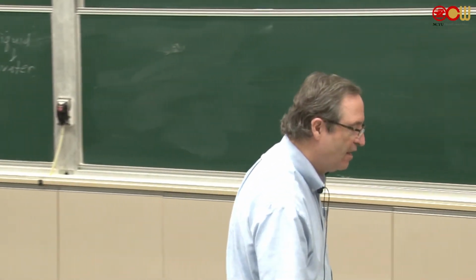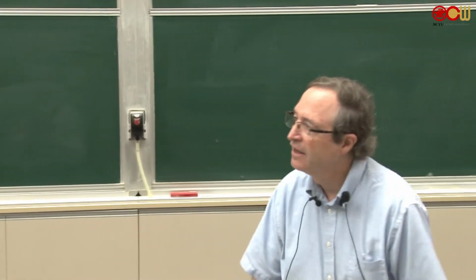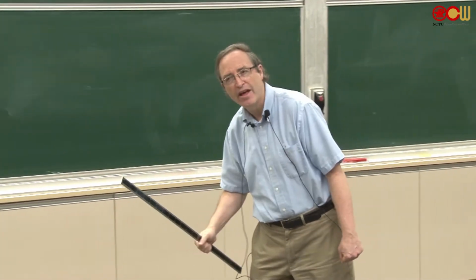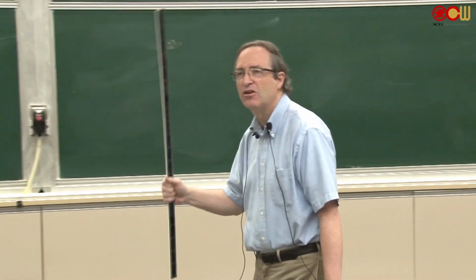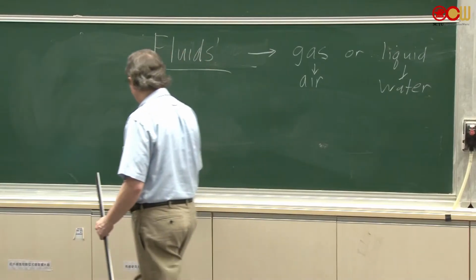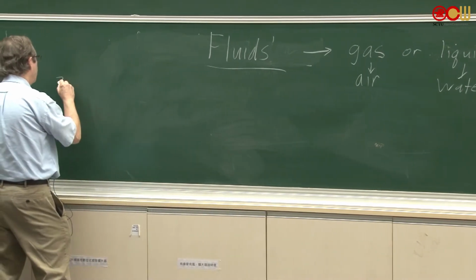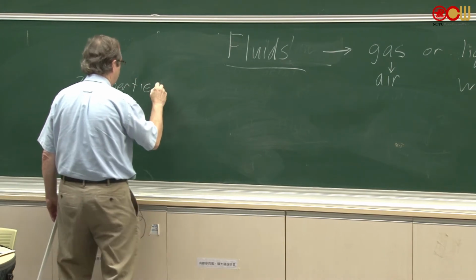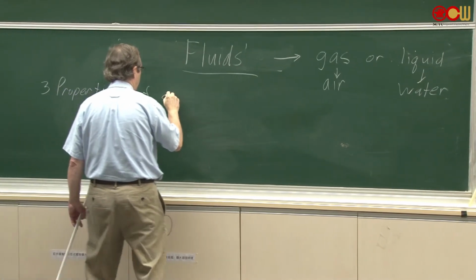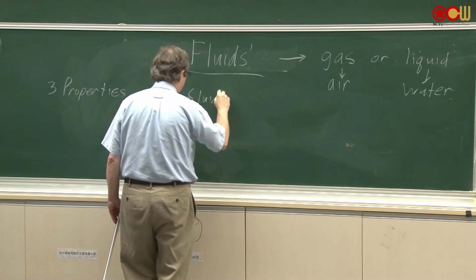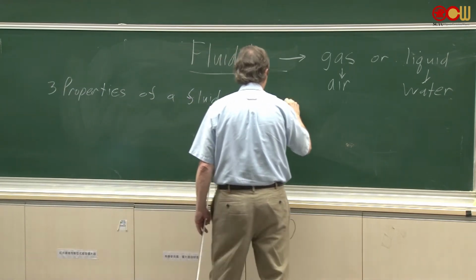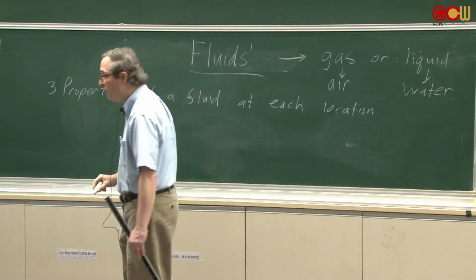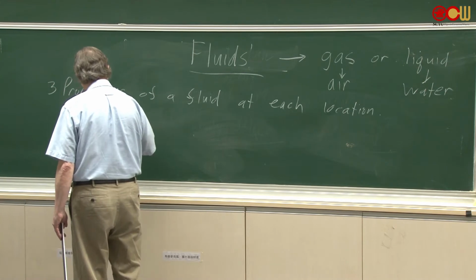All right? Now, there are three quantities that define the property of a fluid at a particular location. So there are three properties of a fluid at each location. So the first property that we're going to is density.